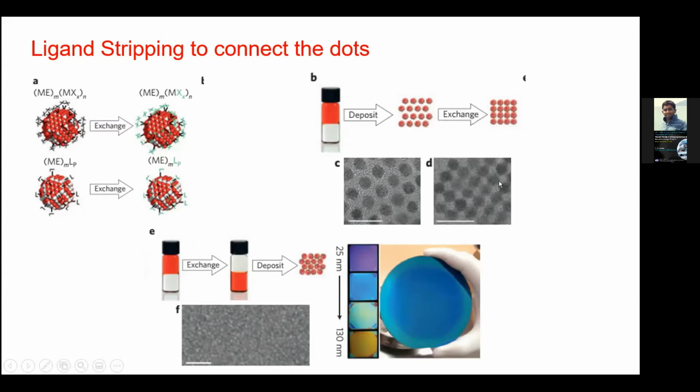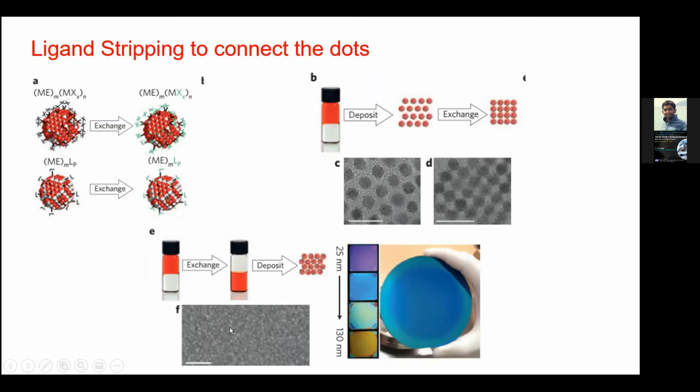But from different literature and from my experience, depositing first and then removing the ligand is a good process to connect the dots. If you don't connect the dots, your film will not be good enough to move the electrons or holes through the film.